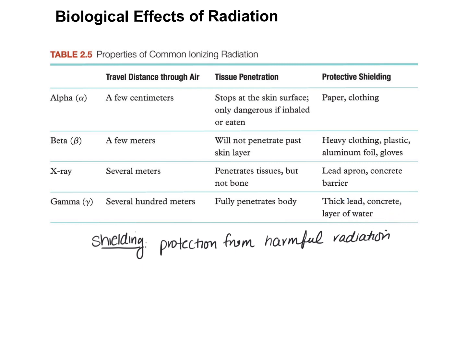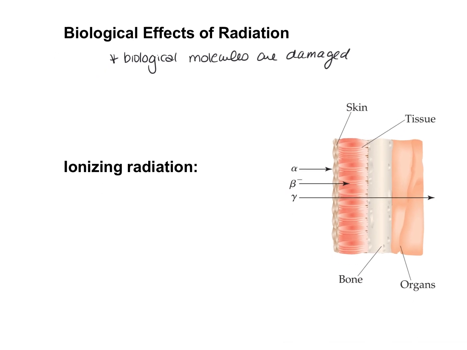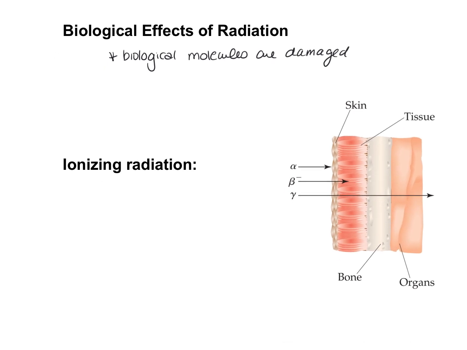When we talk about biological effects of radiation, it's important to understand that biological molecules are damaged when they encounter ionizing radiation. When that happens, this causes changes to cellular processes.